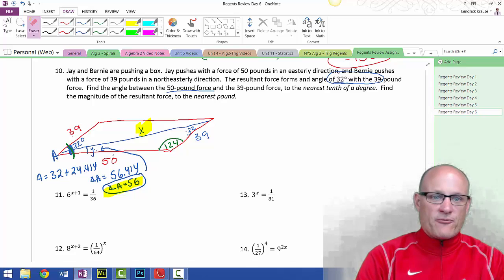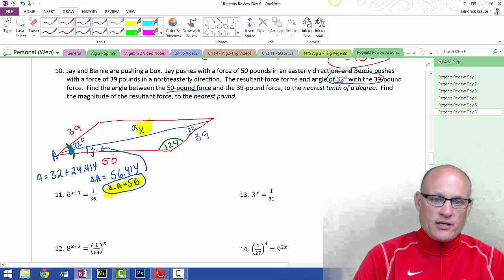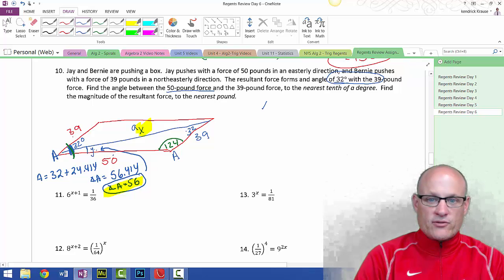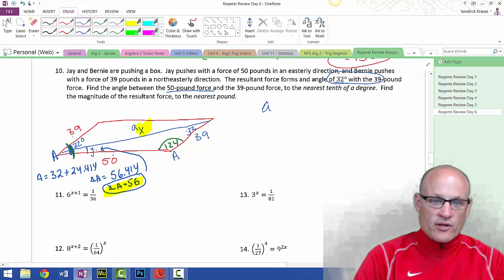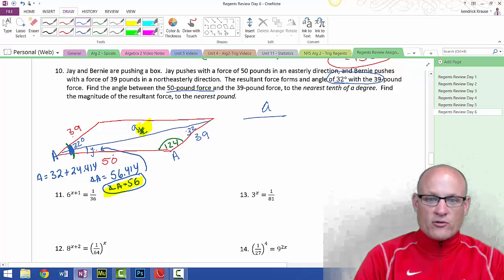So now I want to find this. I will call this little a, and let's call this capital A. So I'm going to do law of sines again. Little a over the sine of 124 is equal to, again, 50 over the sine of 32.